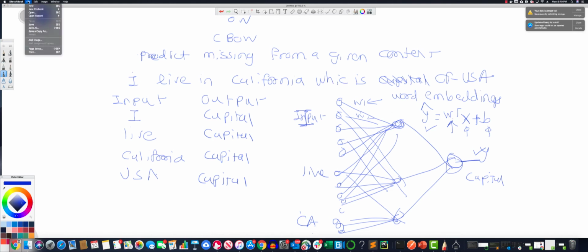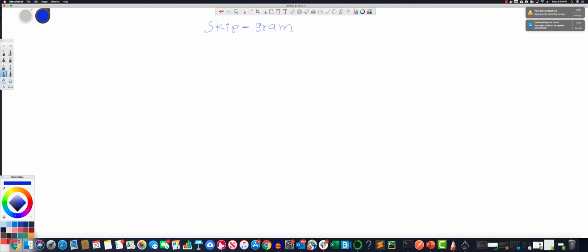Then there is another technique which is called skipgram. Skipgram flips the continuous bag of words method. Let's take the same example: I live in California, which is capital of USA.